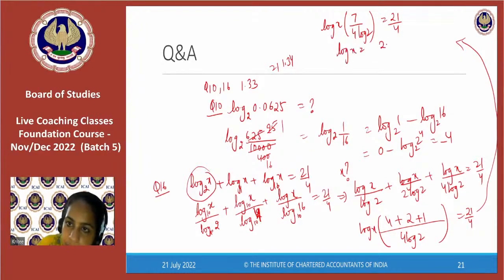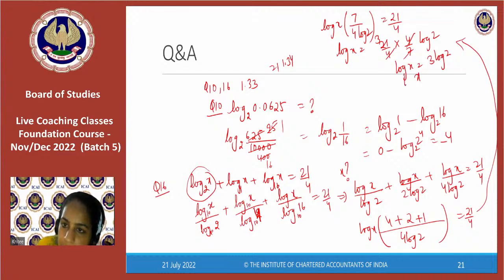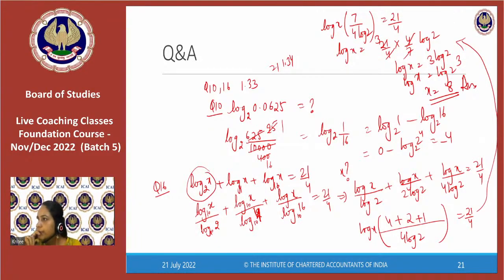Log x is equal to 21 by 4 into 4 by 7 log 2. This cancels up. This is 3. So log x is equal to 3 log 2. Log x is equal to log 2 cube. So x is equal to 8 is your answer for this. A part is your answer.